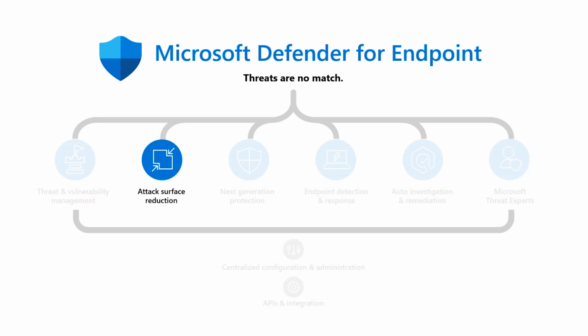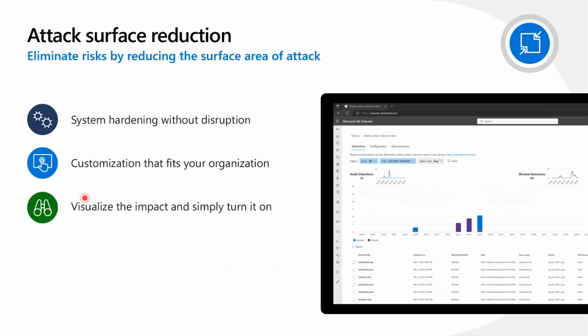So let's take a look at attack surface reduction. Now, some of these rules are already built in by default when we activate Defender for Endpoint or Defender for Business. But here, why we say system hardening without disruption is we're also able to do customizations.